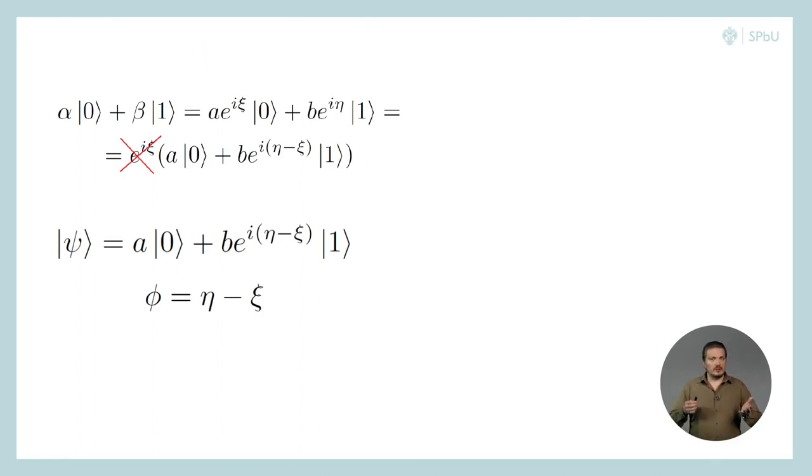We have a real coefficient before the vector 0, and the imaginary part before the vector 1 now has the physical meaning of the relative phase shift. Let's denote the angle of this shift, eta minus xi, by just one letter, say phi.